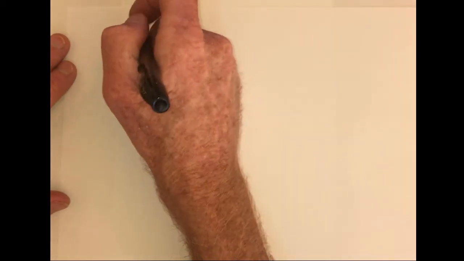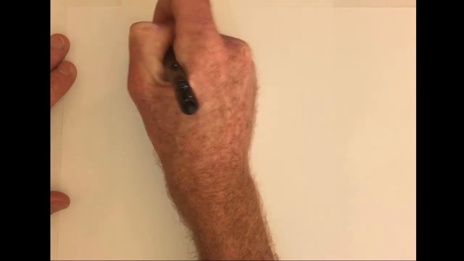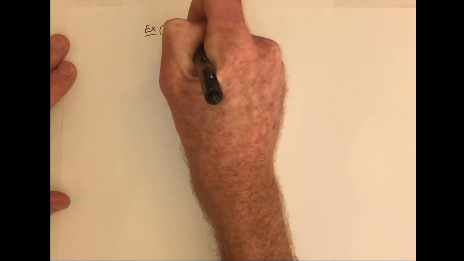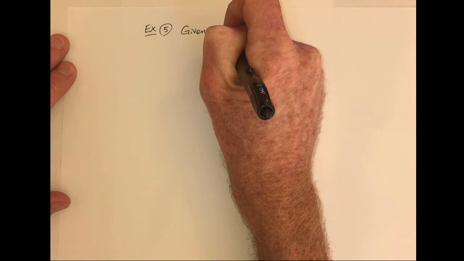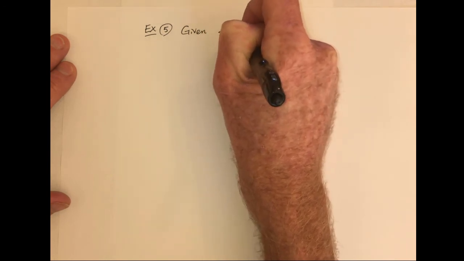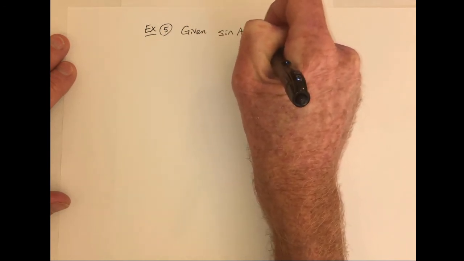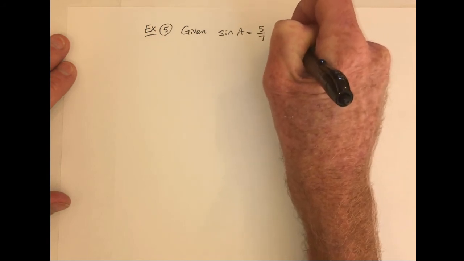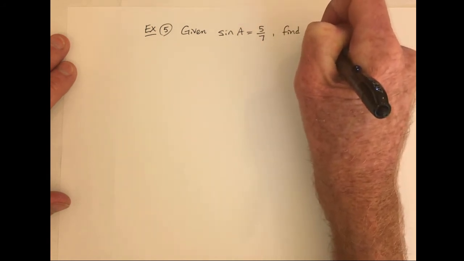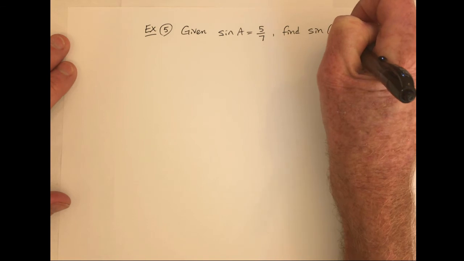For example number 5, given that sine of A is equal to 5 over 7, find sine of 2A.